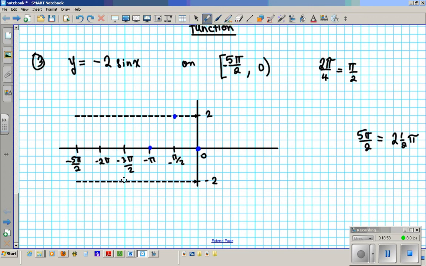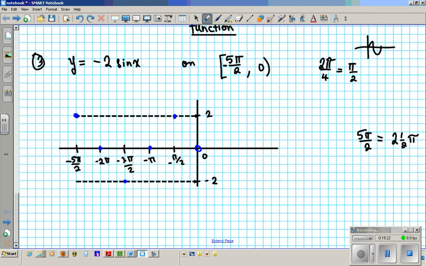Center, min, center, max. Okay? Starting point is an open circle, so I can make that an open circle. You see the regular sine curve has been switched around. Okay, it has been reflected vertically.